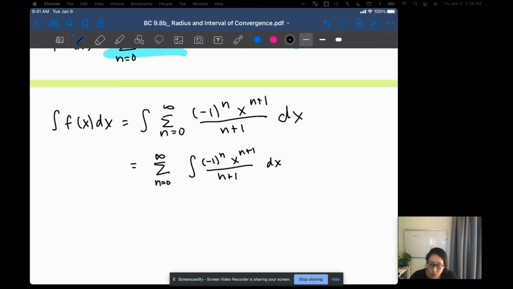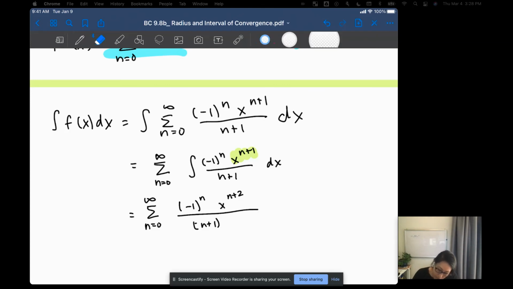So what we do is take the integral. I end up with the sum from n equals 0 to infinity of, remember, you're only taking the integral of anything with the x in it, so everything else is going to stay the same. (-1)^n is like a constant, and n plus 1 is in the denominator. Then to take the integral, we take x to the n plus 1 and add one to the exponent, so instead of n plus 1, we end up with n plus 2.